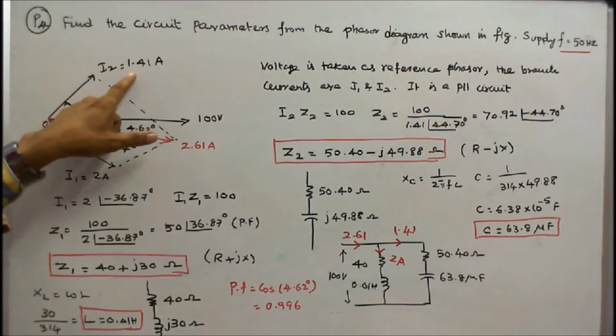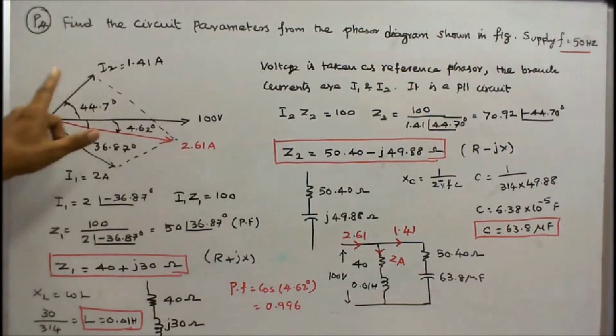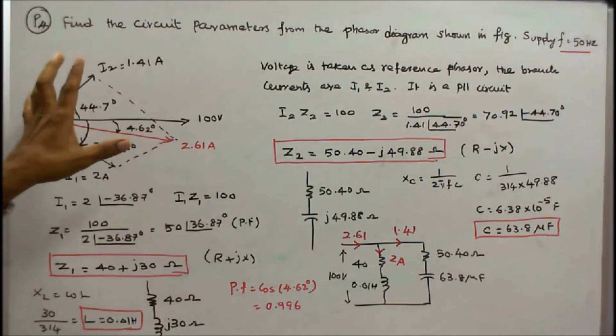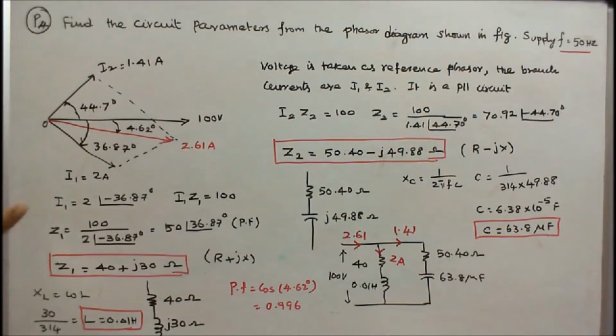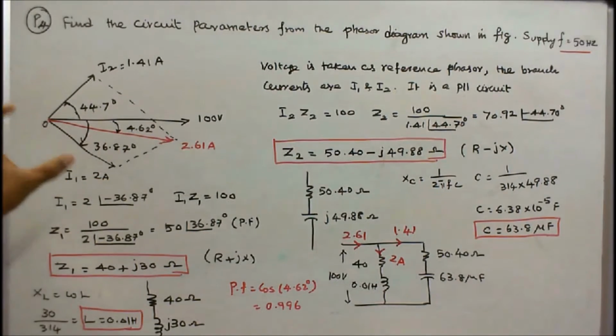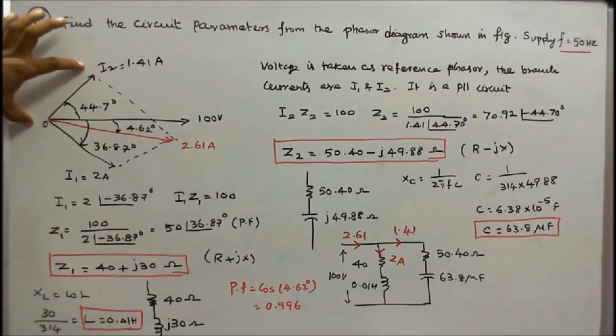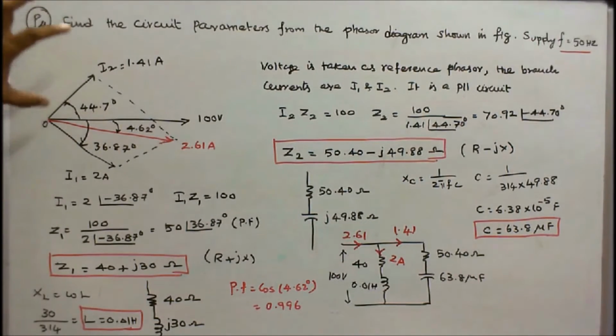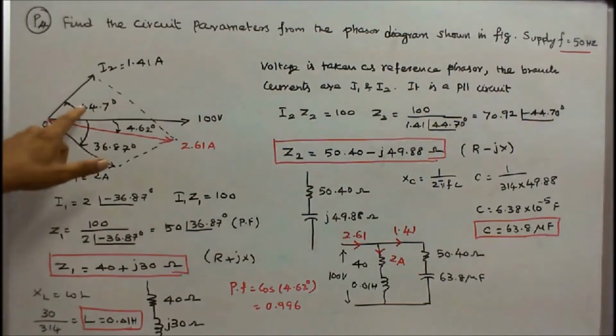I2 is equal to 1.41 amps, leads 44.7 degrees. So I1 is a branch current. That branch consists of one resistor and one inductor. I2 is another branch current which consists of a resistor and a capacitor, because it is leading 44.7 degrees.